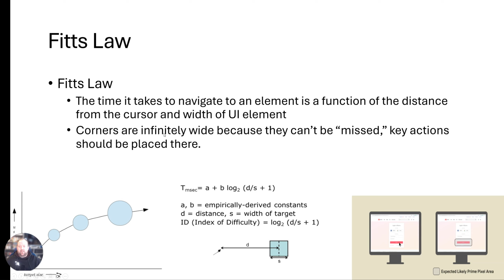The other thing is this second component, and if you reflect, you will notice this. Typically, critical actions or important things end up getting put in the corner of your screen. And why is that? Well, because according to Fitts's law, corners are basically infinitely wide.